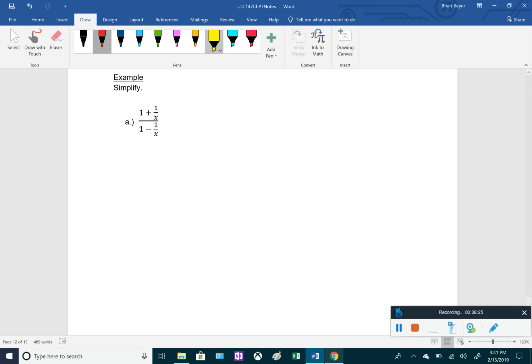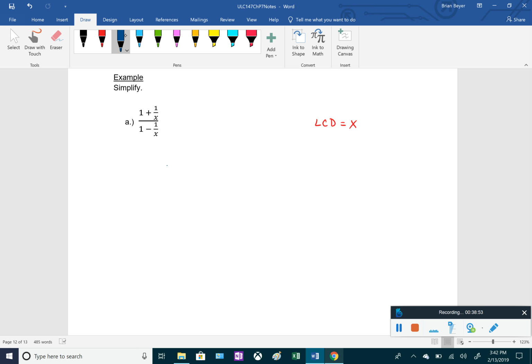The LCD that we're looking for here: we have 4 little mini terms, a 1, a 1 over x, another 1, and a -1 over x. Only 2 of those have denominators that are not equal to 1, an x and an x. So the LCD is actually just going to be x. It's the least common denominator of those smaller fractions inside the bigger one.